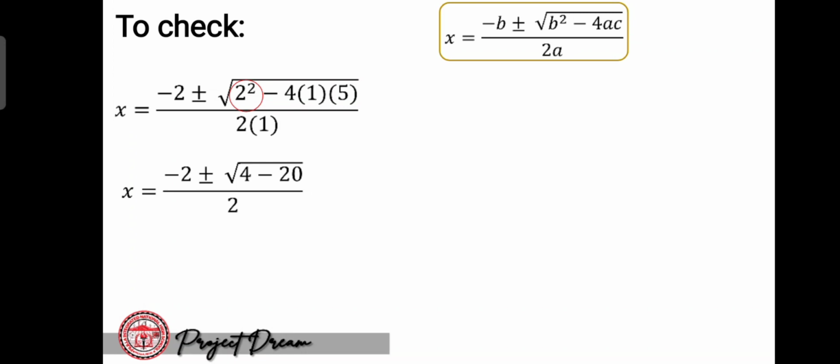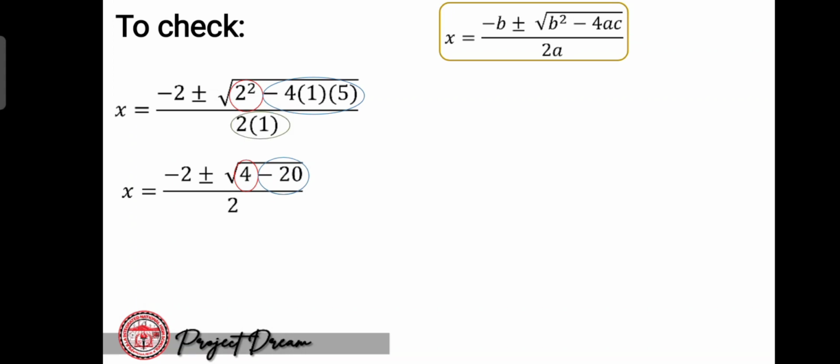So where does it come from? It comes from 2 squared because 2 times 2 is equal to 4. And then we have negative 4 times 1 is equal to negative 4, right? And then negative 4 times 5 is equal to negative 20.